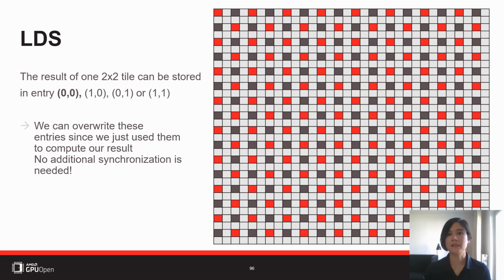We only need a synchronization after the storing, but by reusing the entries where the thread just loaded the values from, we can get rid of one additional synchronization step. So obviously it doesn't matter in which entry of this quad. For simplicity, I just used here in this example always the quad entry 0, but it doesn't matter if we use the quad entry 0, 1, 2, or 3.